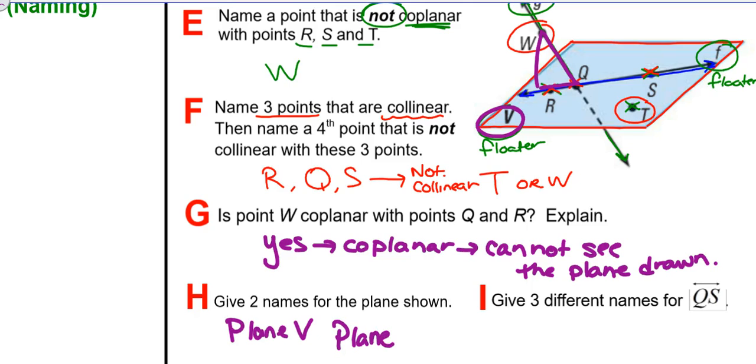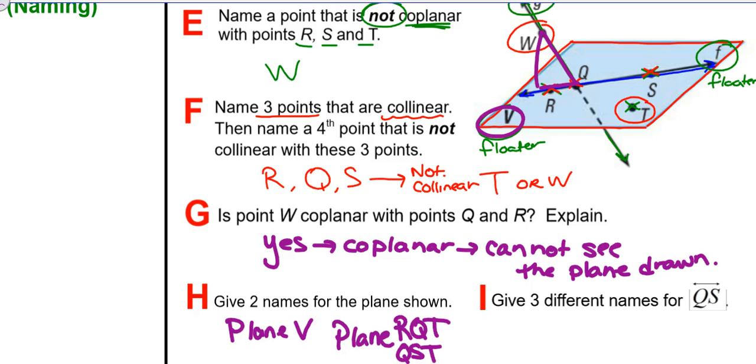So we're going to call that plane R, Q, and then the third one we pair with that would be T, or we could go Q and S, and with that we would pair T. Any combination of 3 letters doesn't matter as long as they make a triangle.